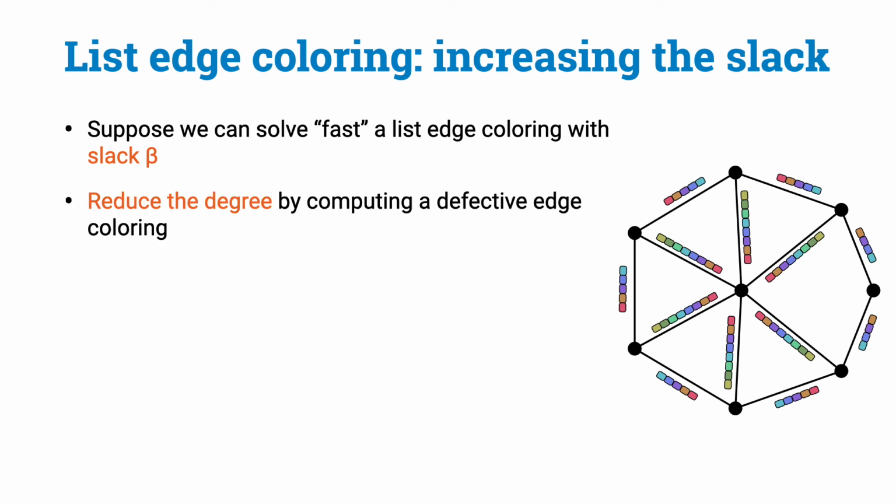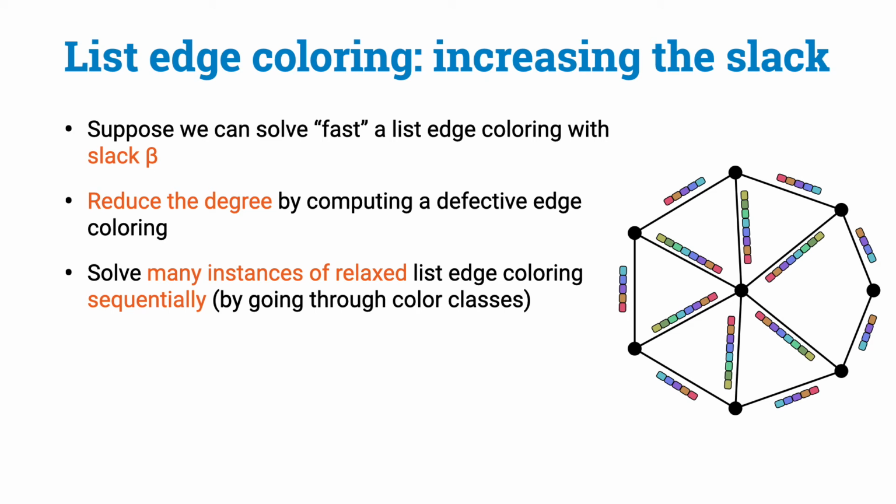In order to create this slack on the size of the lists, we reduce the degree of the graph computing a defective edge coloring. Then the idea is to solve many instances of the relaxed list edge coloring problem sequentially by going through color classes.